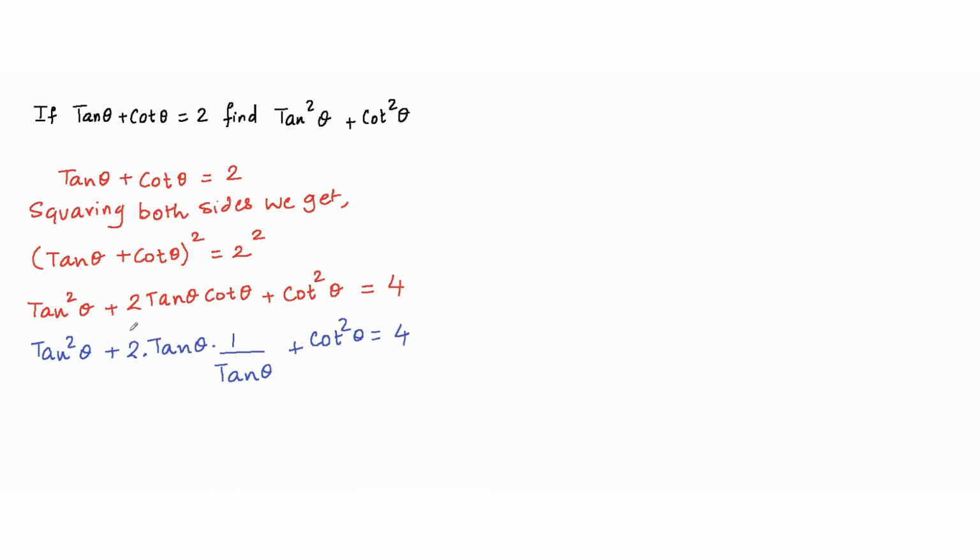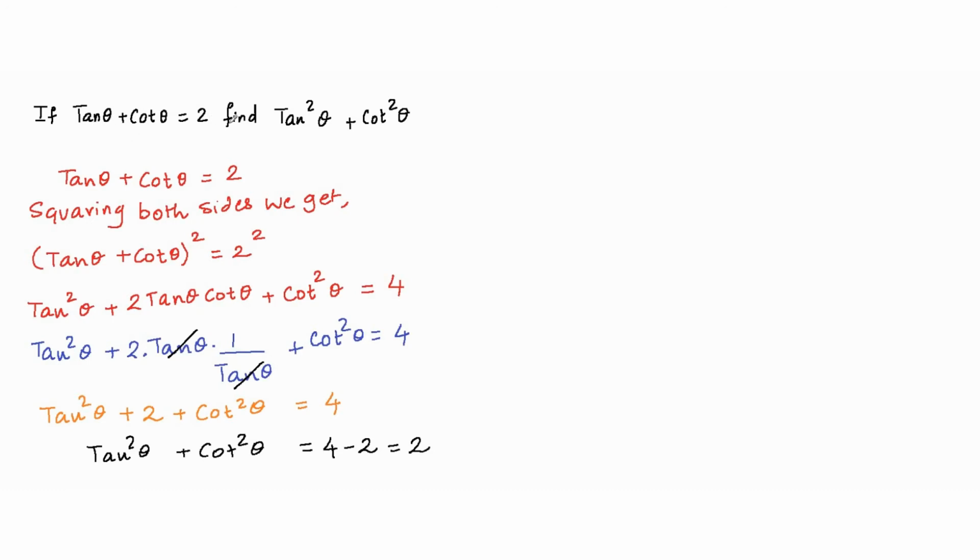Now from the middle term, you will notice that tan theta and tan theta cancel, and therefore what I now get is tan square theta plus 2 plus cot square theta is equal to 4. This 2 now shifts to the other side, and therefore tan square theta plus cot square theta is equal to 4 minus 2, which is equal to 2.